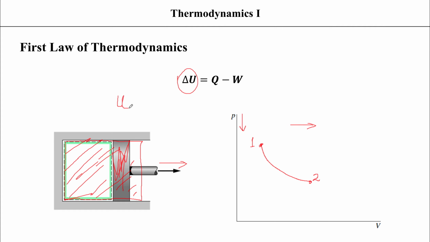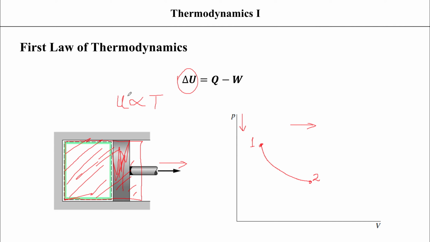So the more the temperature increases for an ideal gas, the more the internal energy of that ideal gas is going to increase as well. So if the temperature doubles up, the internal energy is going to double up as well. If the temperature lowers, the internal energy is going to lower by that same proportion as well, okay?